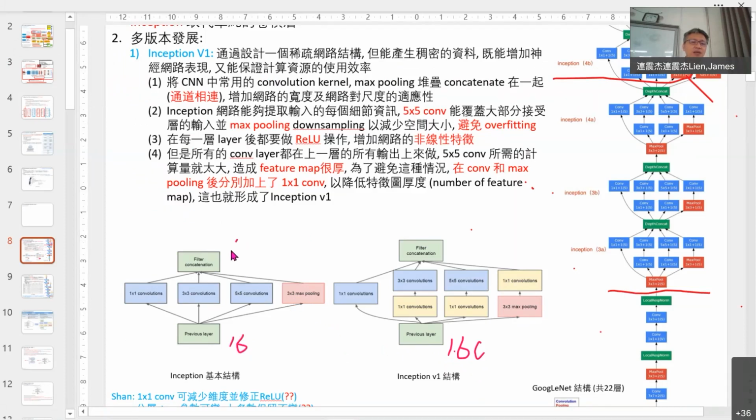Here you concatenate, so it will be 16 times 4, which becomes big. That is not good. So if I have 16 channels here, I come here.